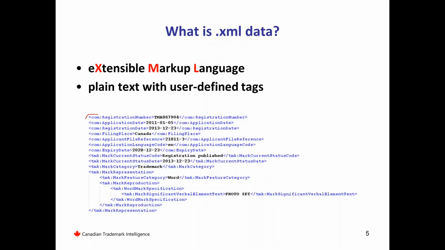So for this initial element, the opening tag is COM:registration number, and the closing tag of that element, denoted by the / that you see here, is the same words prefixed by that /. Encapsulated between the tags, we have the data itself, which in this case, of course, is a Canadian trademark registration number.